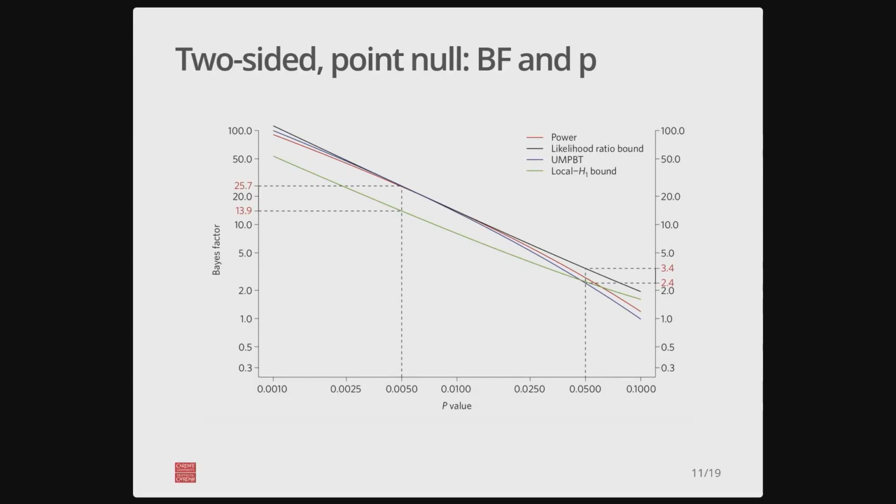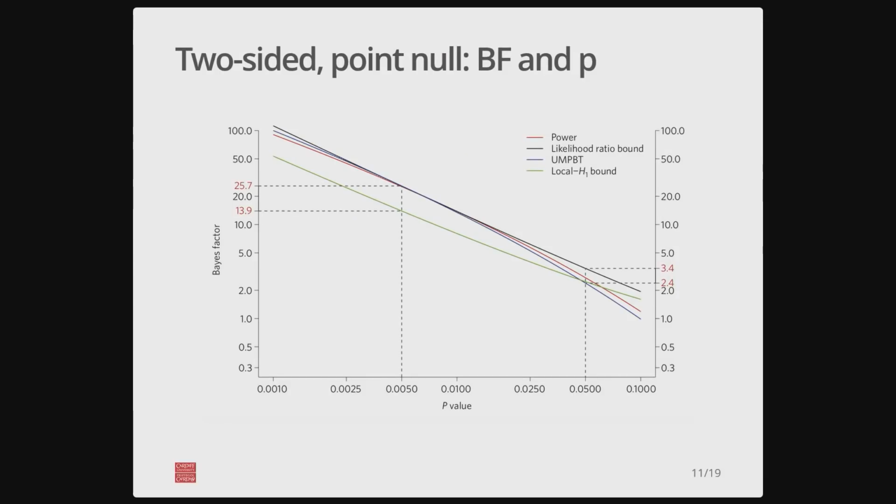So let's talk about what they did in the redefined statistical significance paper. So here I have their main graph. I apologize for the small font. This is a screenshot. The important thing to understand is what they did was they took various ways of creating a two-sided test. And they put bounds on how big that Bayes factor could be against the null.